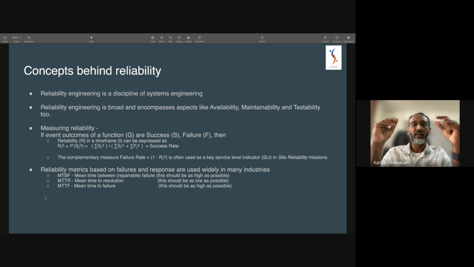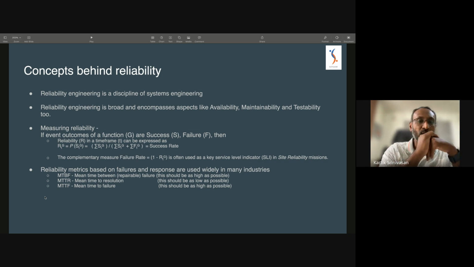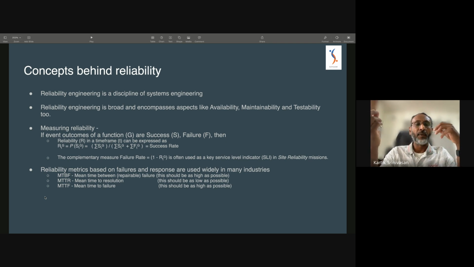So if you are measuring success rate, failure rate is one minus the success rate, right? You can look at the number of events that have happened in the system, take the number of successes out of it, and look at the ratio, and that gives you the success rate of the system, or a measure of the reliability of the system.